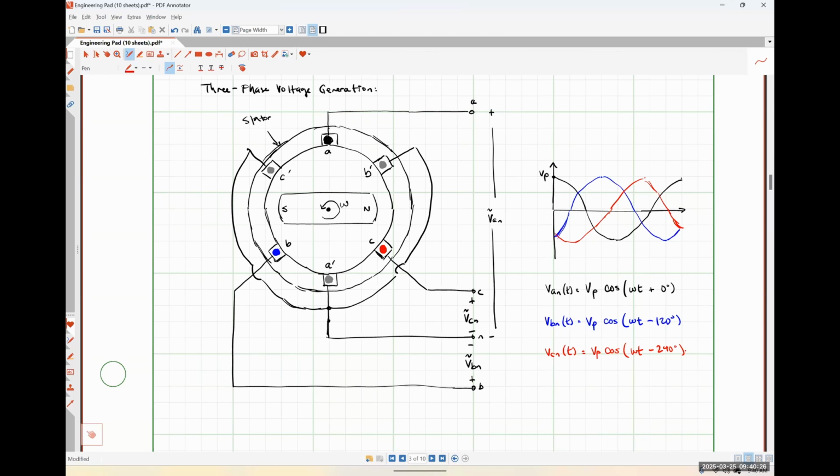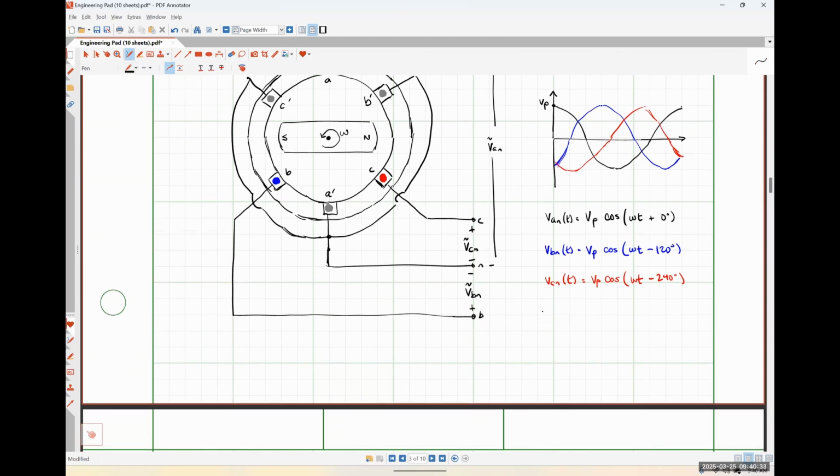So if we were to represent these guys as RMS phasors, this will be the last thing that we talk about today. My RMS phasor voltage, VAN, would be expressed as, let's say, V effective with an angle of 0 degrees, volts RMS.